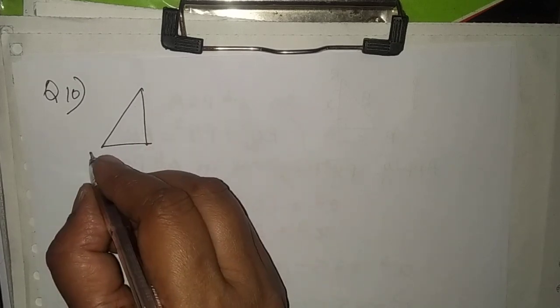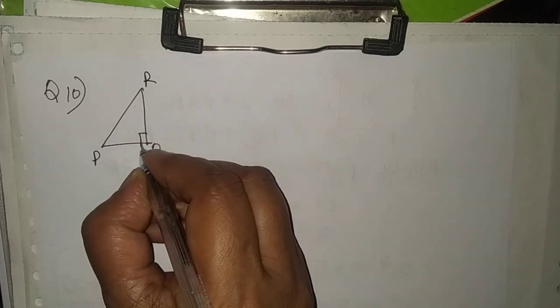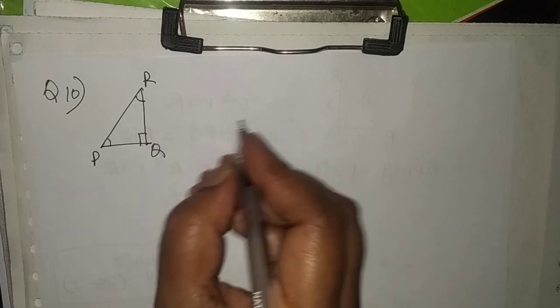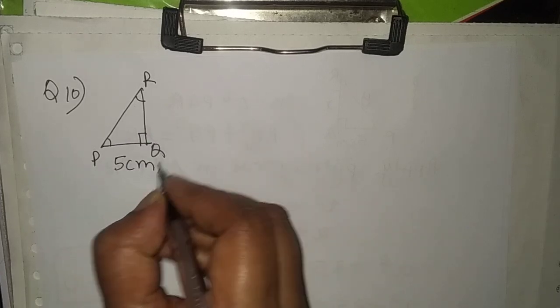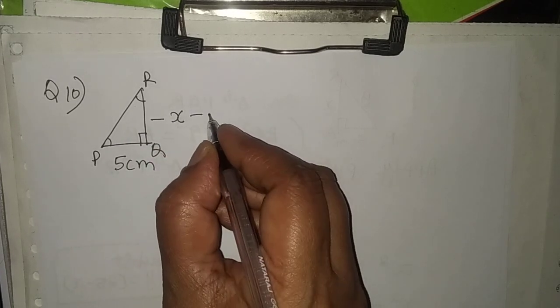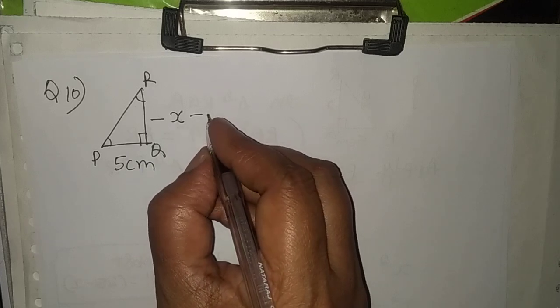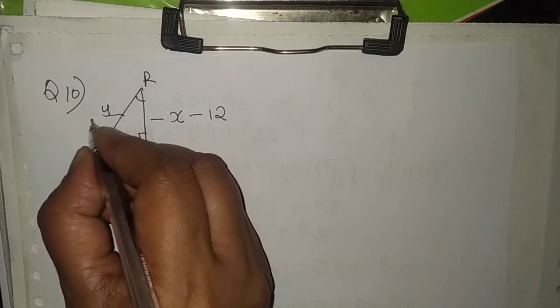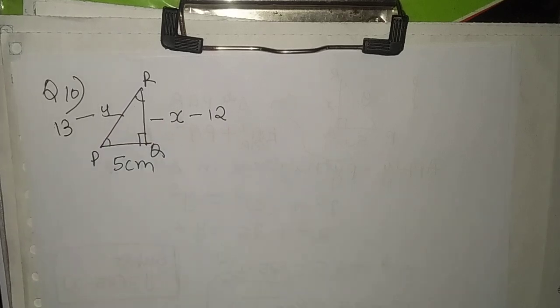So once again I'll write this, this is question 10. This is PQR, right angled at Q, and x is 5 centimeters, and x we are getting is 12, and y is equal to 13.